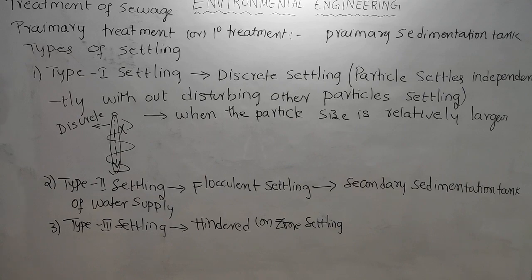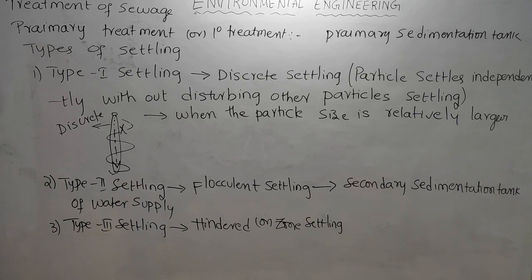When the concentration of the flocculent particles is in an intermediate range, they are close enough together that the velocity fields will intersect and overlap, causing hindering of the settlement.